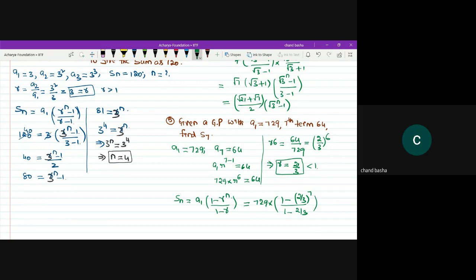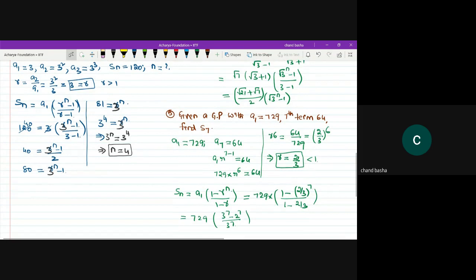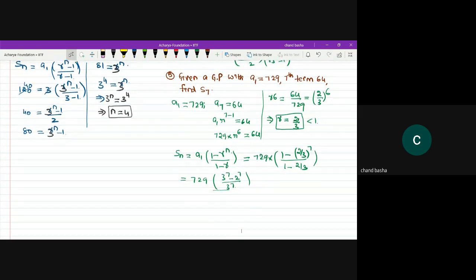Now, simple calculations are there. You can cancel it. This is equal to 729 outside, and in the bracket, (3 power 7 minus 2 power 7) divided by 3 power 7. Next, the denominator is (3 minus 2) divided by 3.